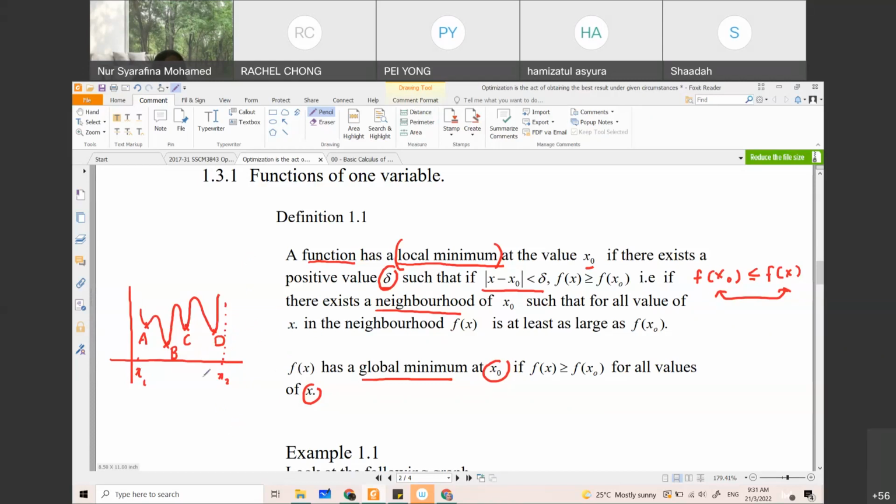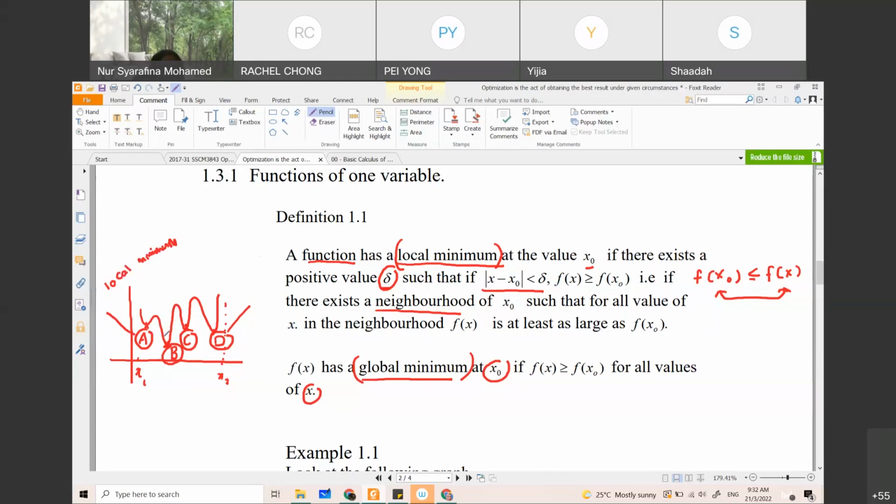Point B. So graphically, this B is the global minimum, the most minimum. But those A, C, and D, we call them what? Local minimum. Why are they all local?